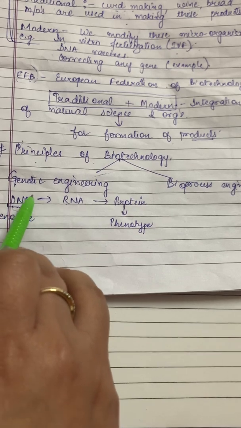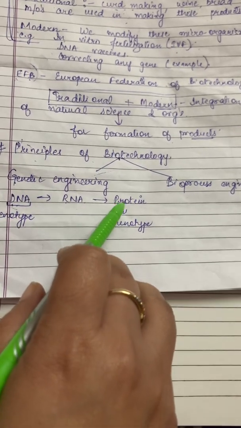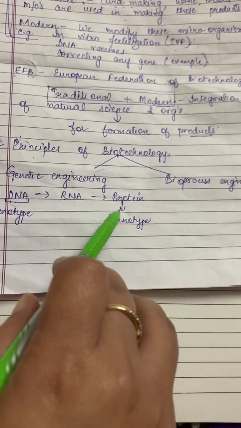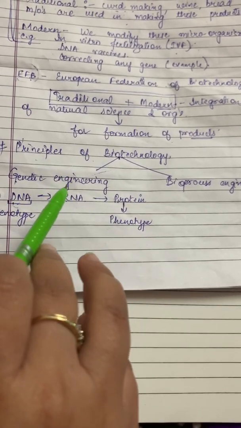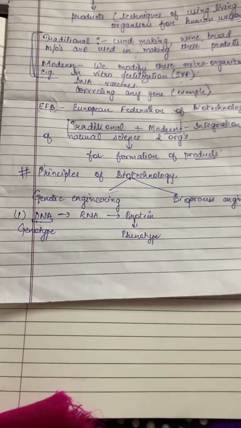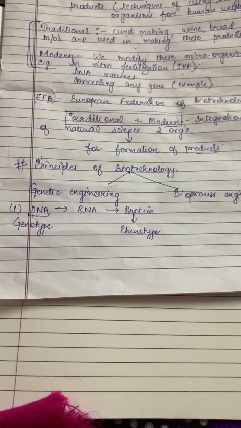DNA is not visible, but the product of protein, the phenotype, is visible to all of us. It means our physical characters; whatever physical characters we have come under phenotype. Clear?